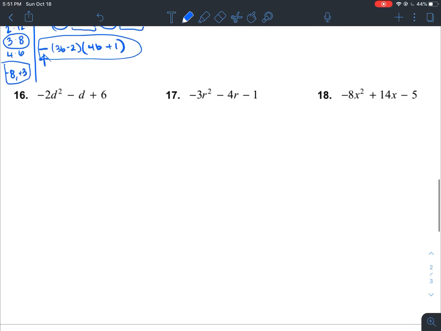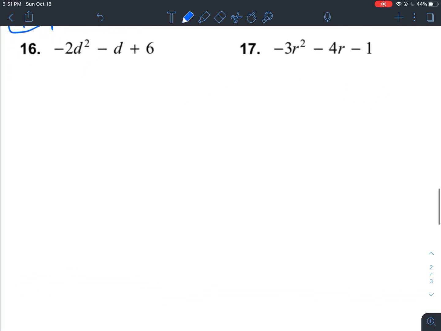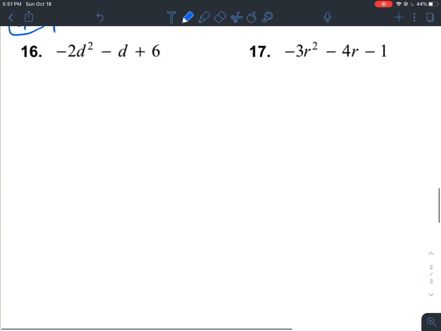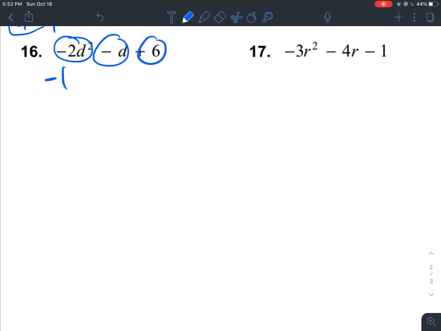Let's try and do number 16 for one last practice problem. Hopefully you guys are able to do the rest on your own. So again, this is a negative, so factor out the negative first. So when you take out the negative, it flips the sign of everything right here. So that's going to be 2d squared plus d minus 6.